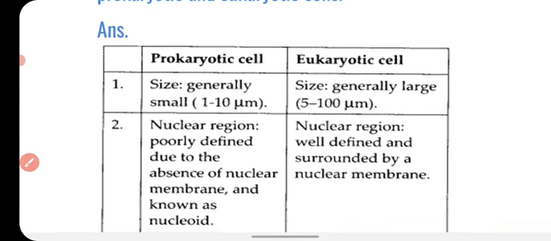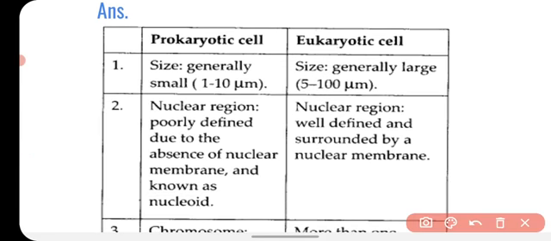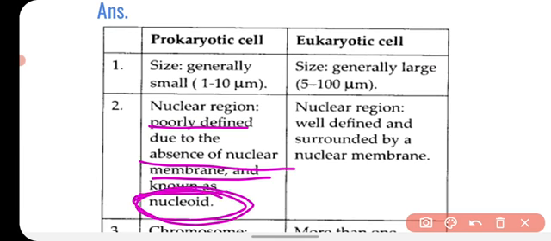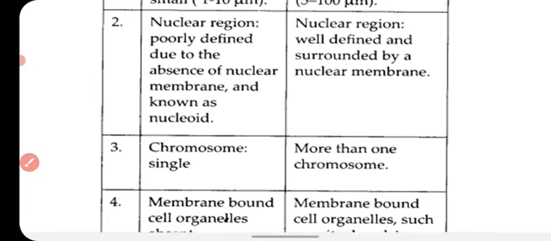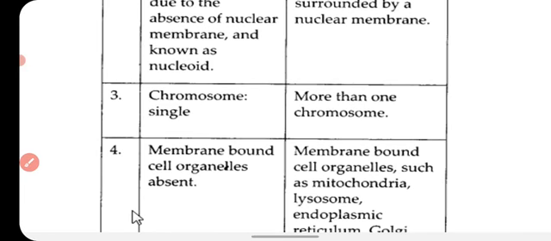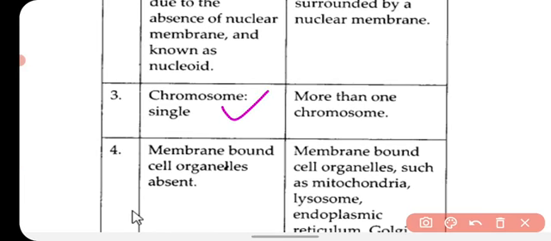If we talk about the nuclear region, in the prokaryotic cell, the nuclear region is poorly defined due to the absence of nuclear membrane and is known as nucleoid. In eukaryotic cell, the nuclear region is well defined and surrounded by a nuclear membrane. Third, in prokaryotes the chromosome is single, and eukaryotes have more than one chromosome.